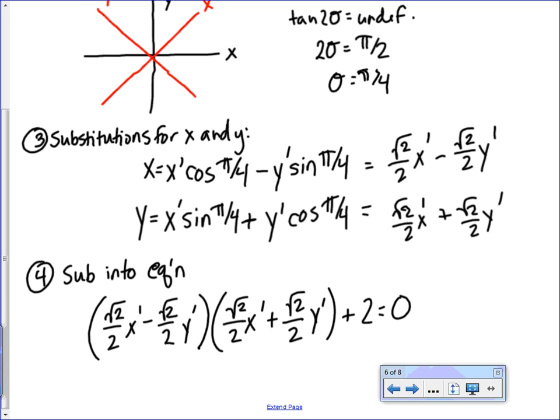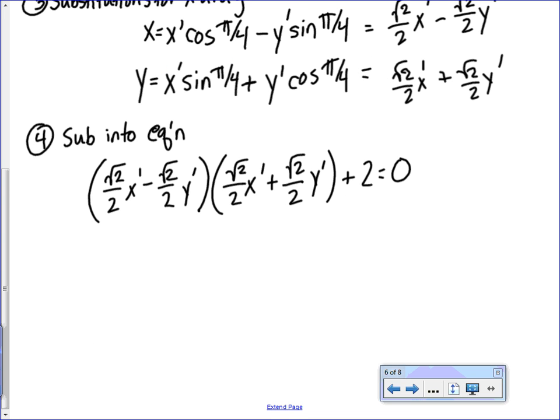To me, when I make that substitution, that still looks like x times y plus 2 equals 0, but x and y are now written in terms of x prime, y prime, using my angle of rotation pi over 4.